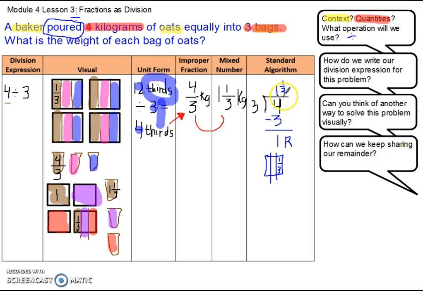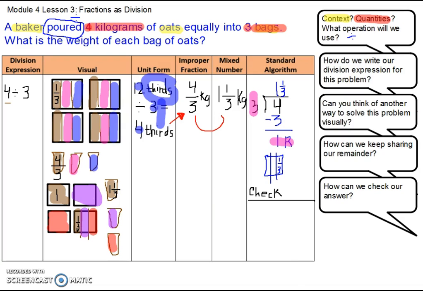So we would have 1 and 1/3. You can also think of this in a more numerical way, and you have your 1 whole here, and you can think about it as 3 parts in my whole, and you would have 1 out of 3 parts here.